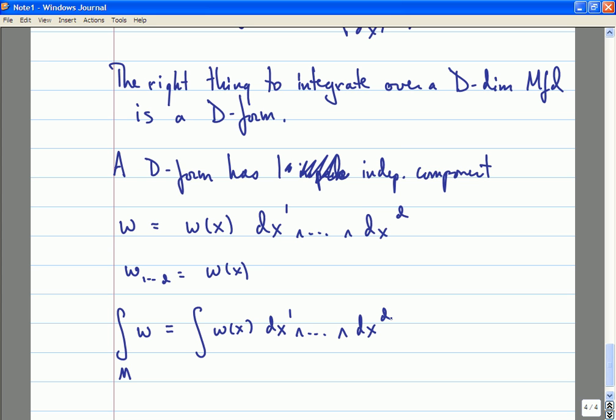All I've done is write down our formula for omega. And my claim is that the correct definition for this integral is to forget the wedge symbols and just treat this like you would a normal integral in multivariable calculus. So this is the definition of the integral of a D-form.